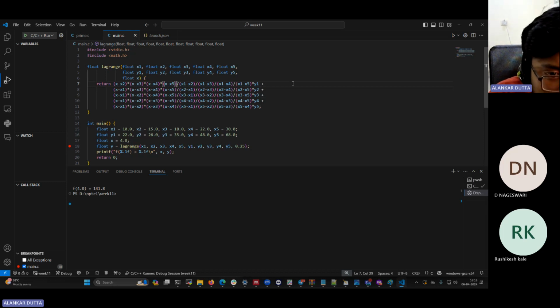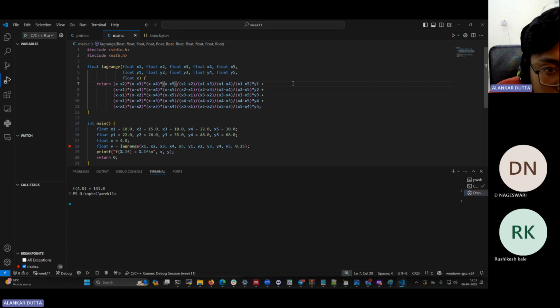So at 4, you see the value of y is increasing, and this keeps on increasing, and it starts with 10 and the value is 22, so something at 4 should have given you a lower value, but we don't get that.